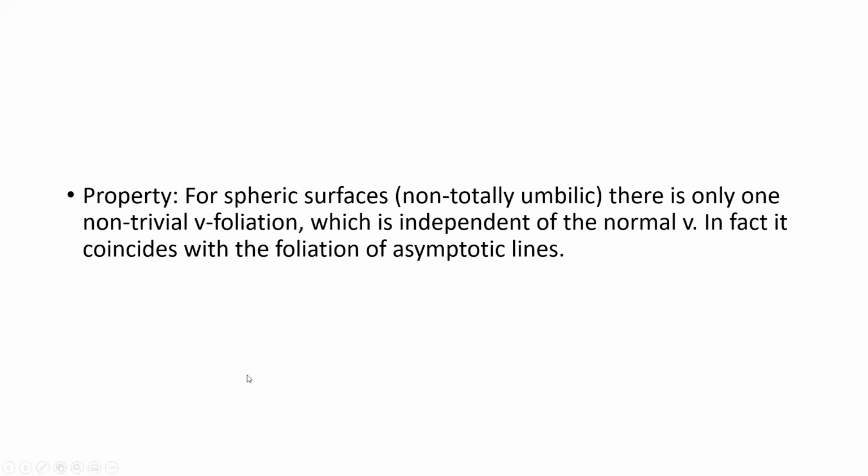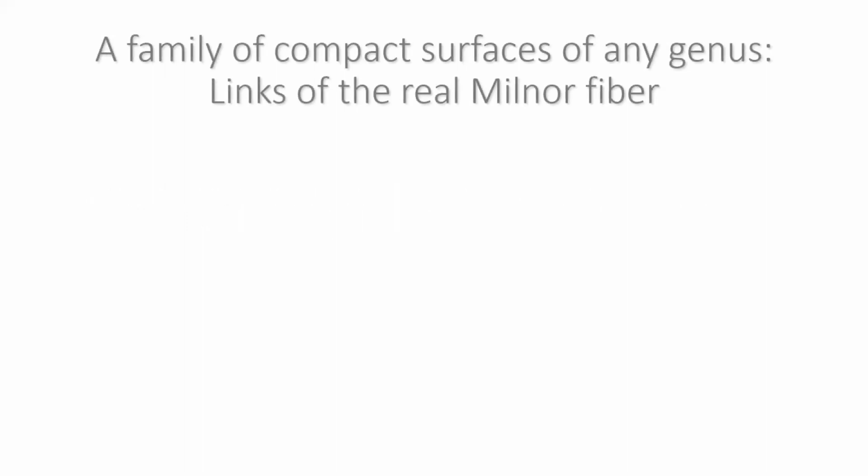We will use these properties to obtain equations in order to provide a description of the configurations of the curvature lines on surfaces, using sometimes the foliation with respect to nu, sometimes the description by equations of asymptotic lines, according to our convenience. So this is an important thing. Very good. So now let's work with this family of compact surfaces, which are links of the Milnor fiber.